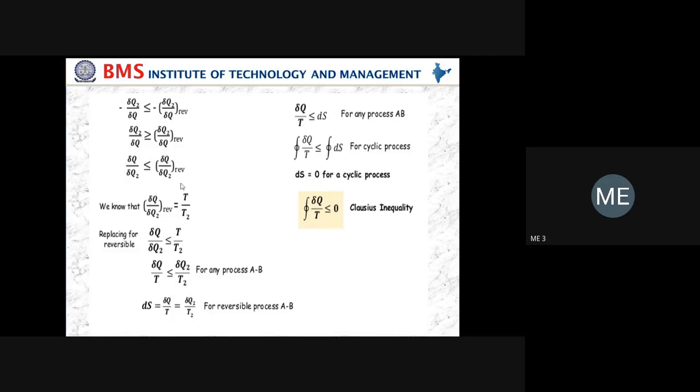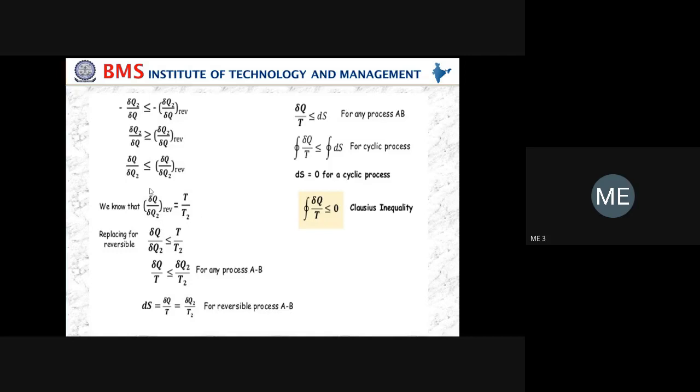Okay, so next step, for a reversible cycle, we know that dQ divided by dQ2 reversible is always proportional to T. You can take the next term. dQ divided by dQ2 reversible is T by T2, because dQ is proportional to T and dQ2 is proportional to T2.